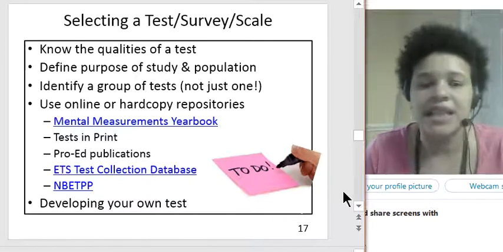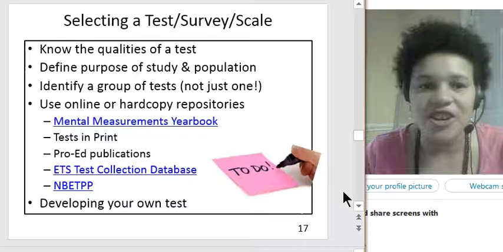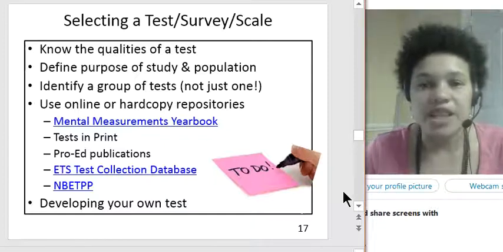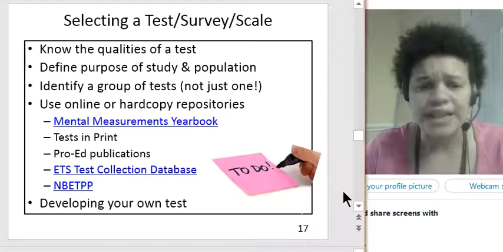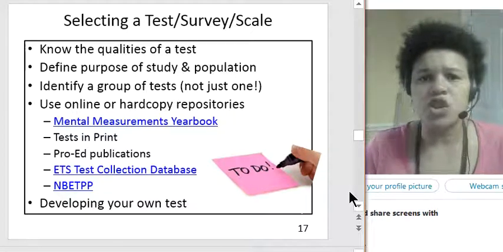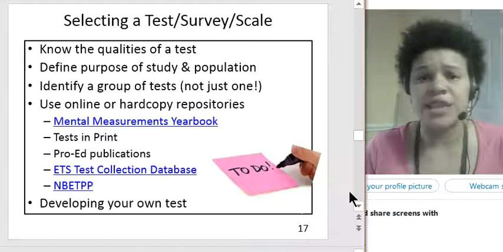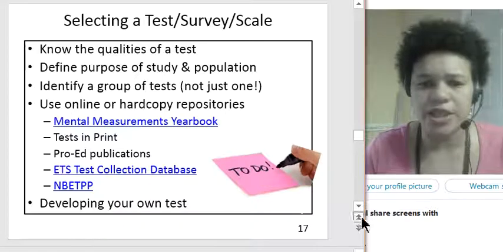There's the ETS test collection database, other sources, and definitely ask your professors if there's a test that they have access to, if there's a study that you're doing. And then finally, you can always develop your own test. And this is what individuals doing small studies in their own context often do. Teachers create their own tests. Counselors can create their own tests and interest inventories.